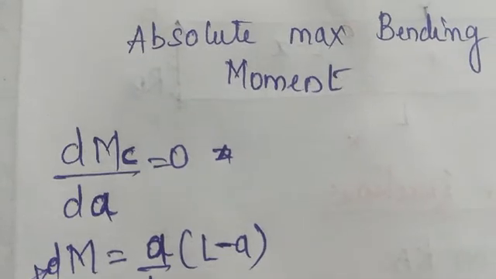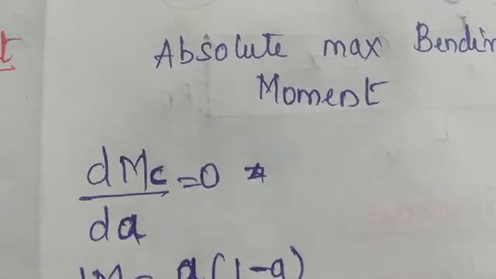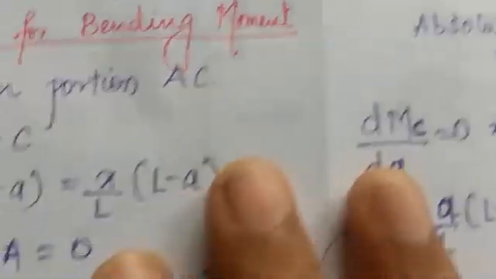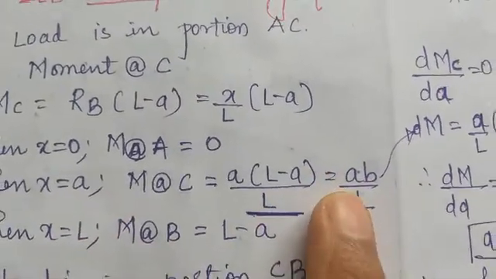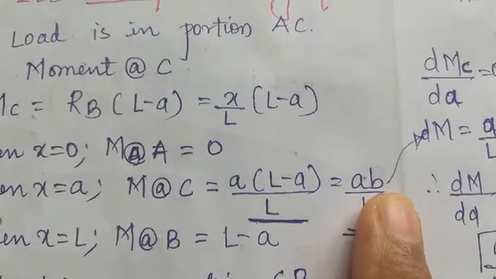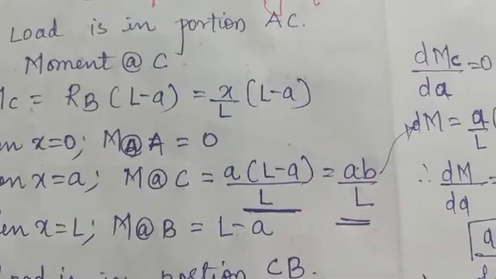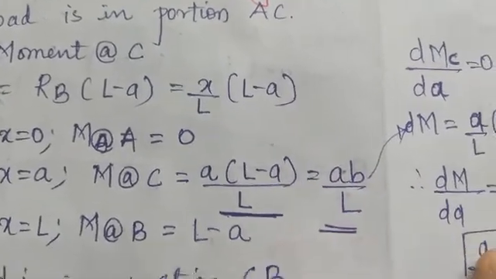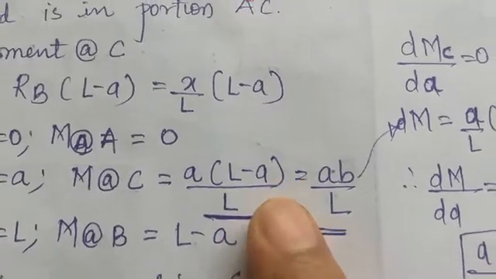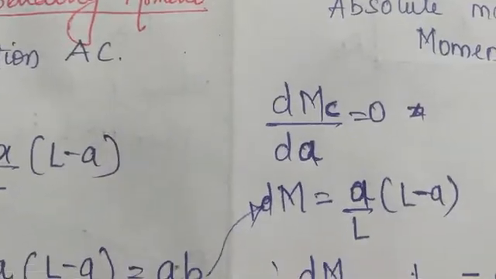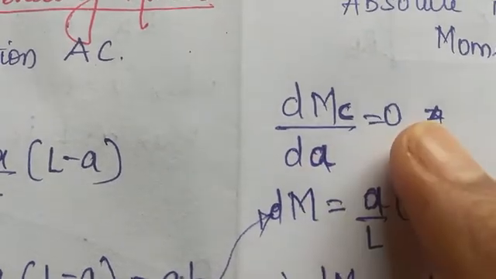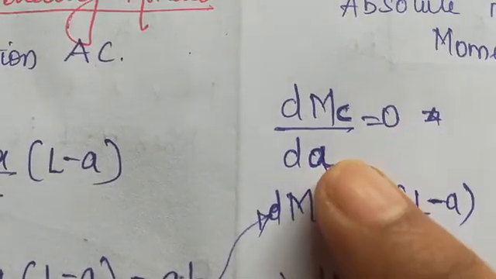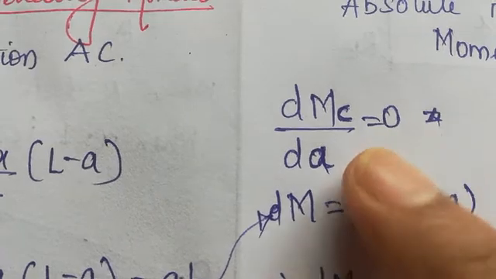Whatever moment you have calculated, the derivative of this moment should be equal to 0 to calculate that distance, that section. So I'll differentiate this using mathematical differentiation. Moment at C, where the derivative is equal to 0, that is the minima and maxima concept we use.